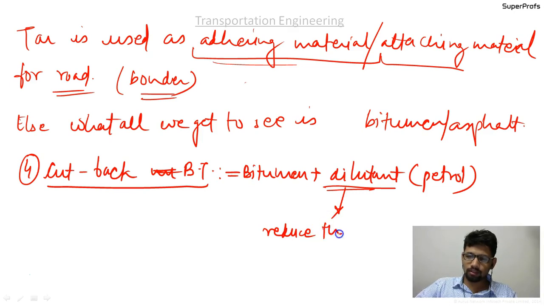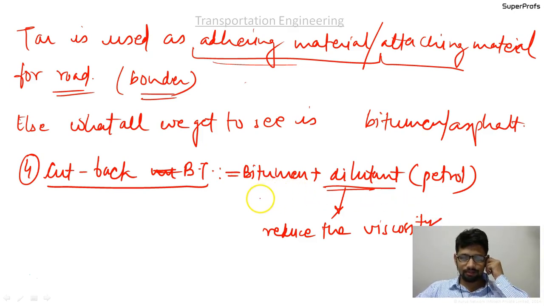So using this we get some liquid material. You know what a diluent is, I need not explain it now. So you can reduce the viscosity either by increasing the temperature or by using cutbacks.